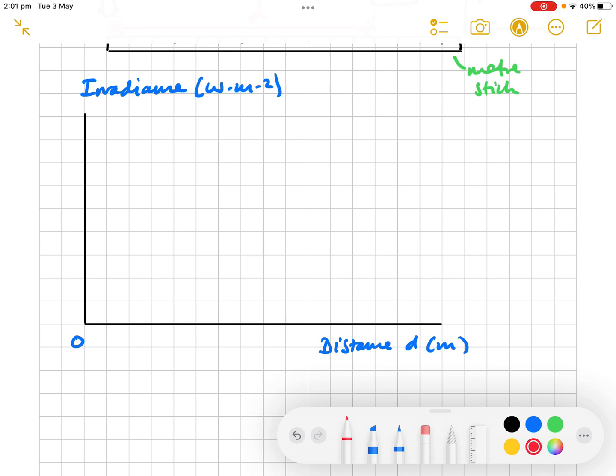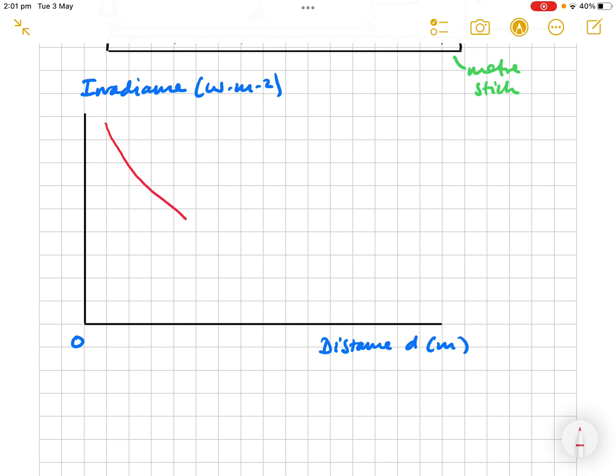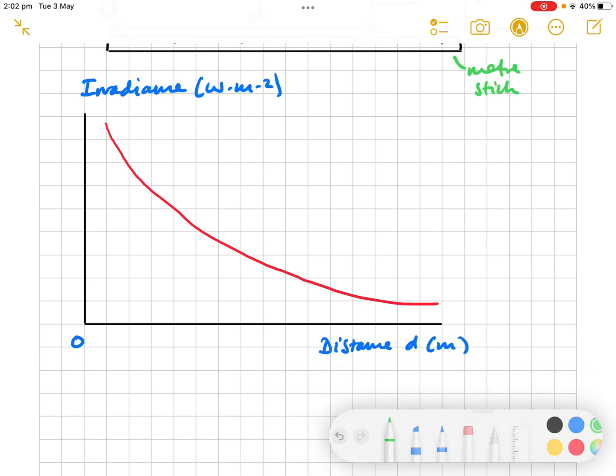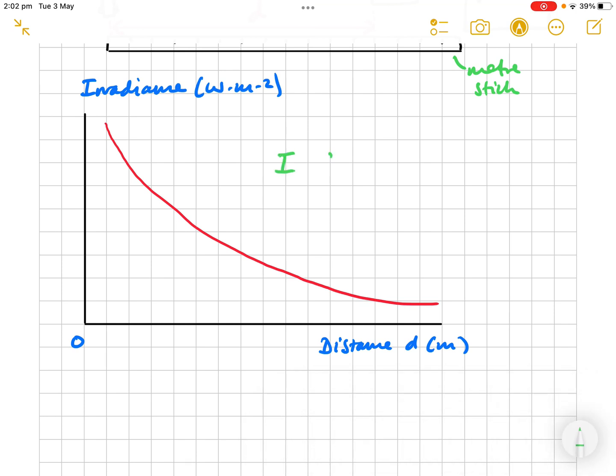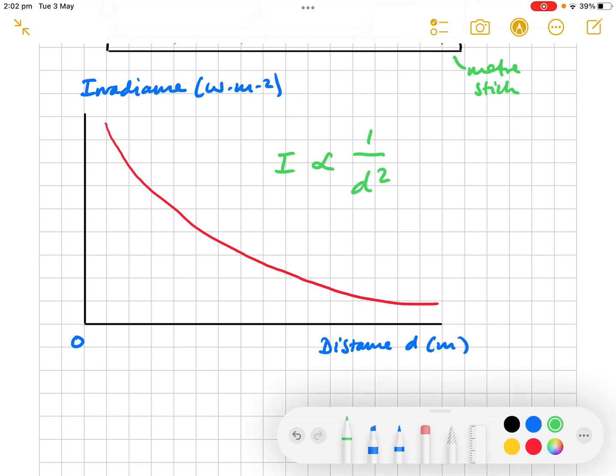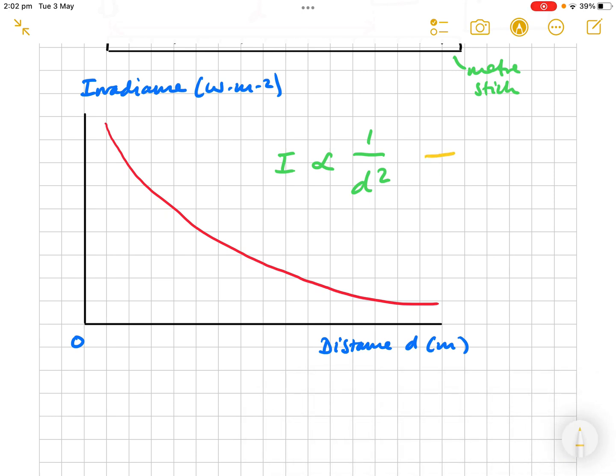And what you find is that your graph does this. So it turns out that the irradiance is directly proportional to 1 over d squared. This is a classic example of an inverse square relationship.